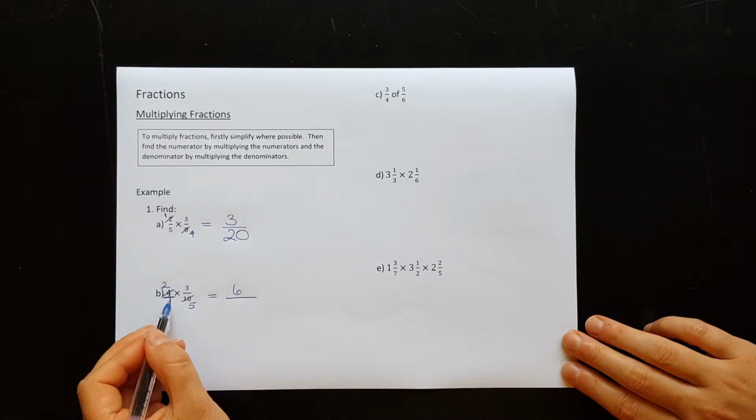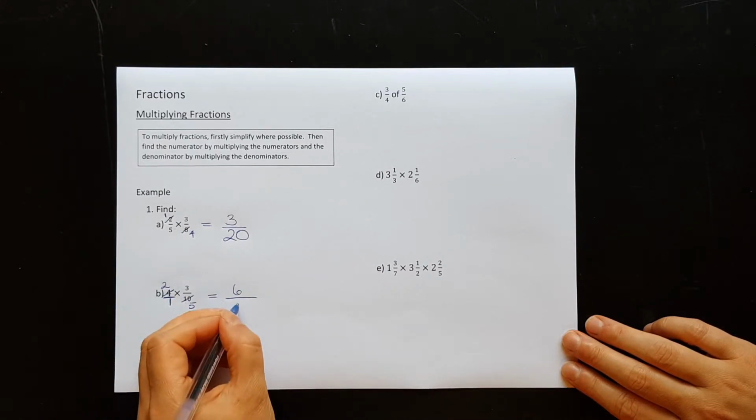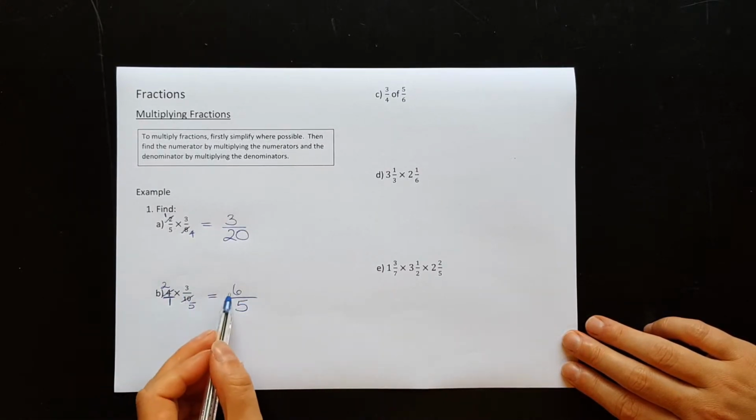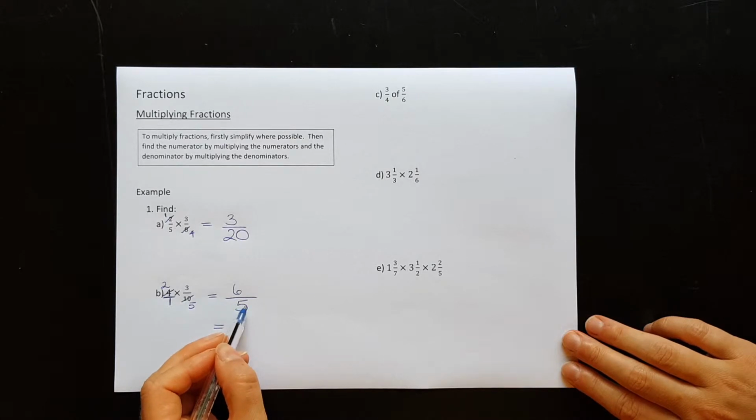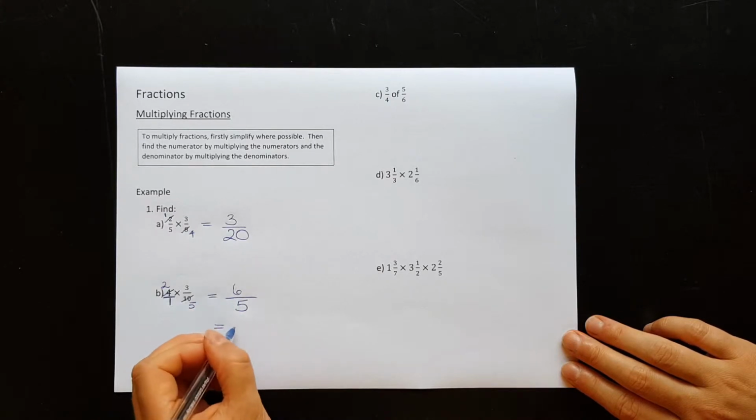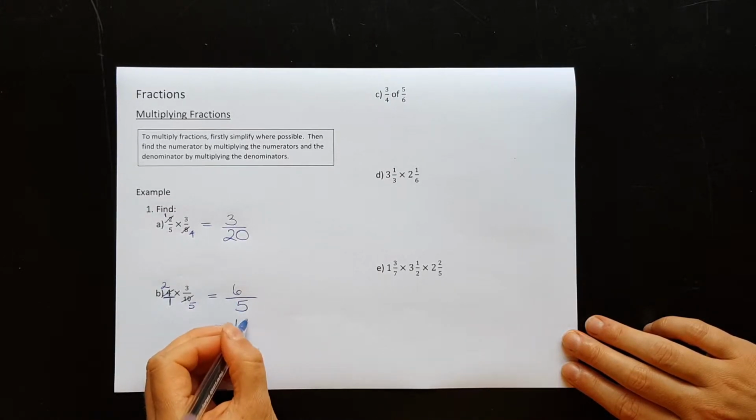And the bottom, 1 times 5 is 5. Now that is the answer, 6/5, or we could also write that as a mixed numeral. 5 goes into 6, we can take one lot of 5 out of that 6, so it would go once with a remainder of 1 out of 5.